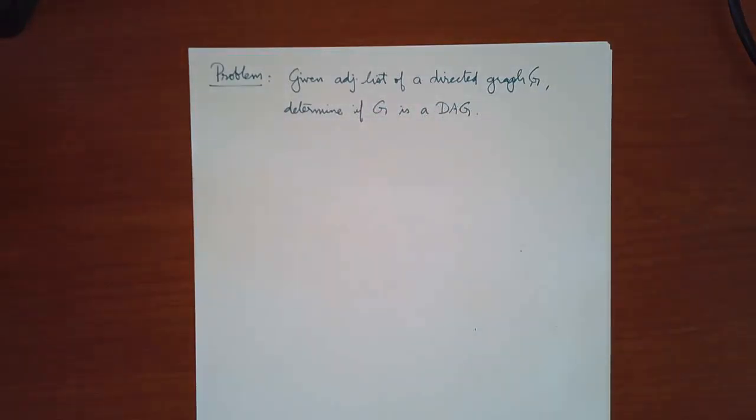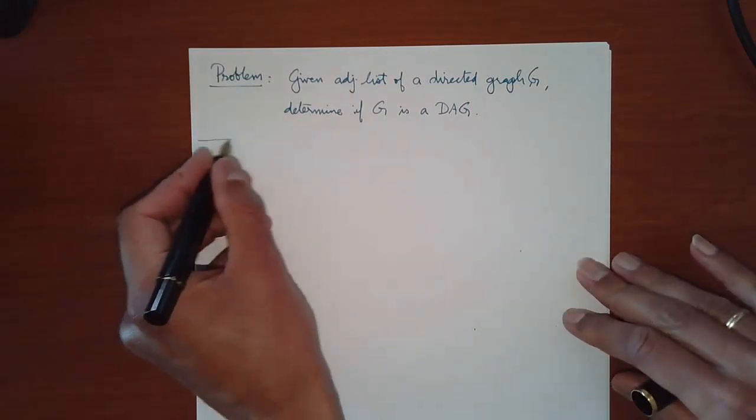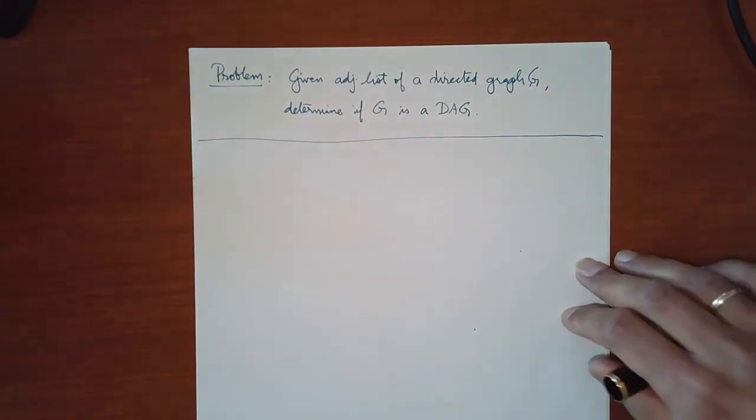Right? I give you an adjacency list and I say, okay, is this a DAG or not? Can this code actually be compiled? Does that make sense? So this is one question.